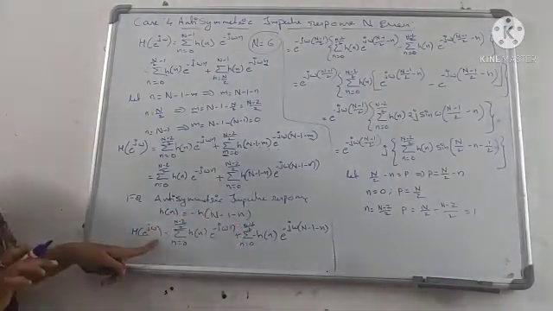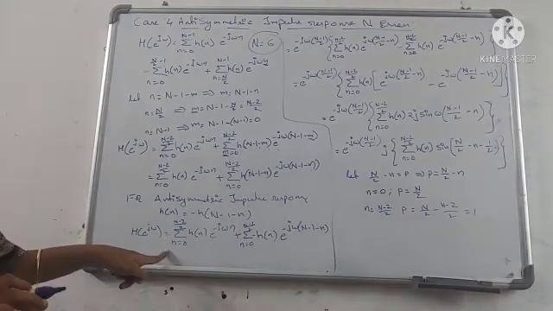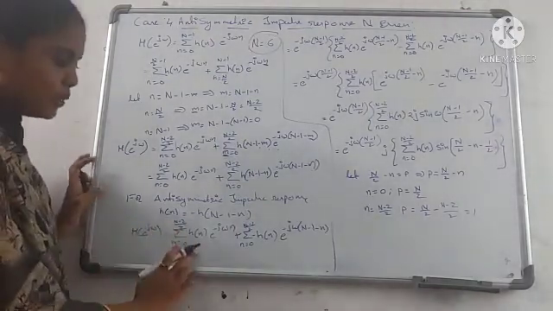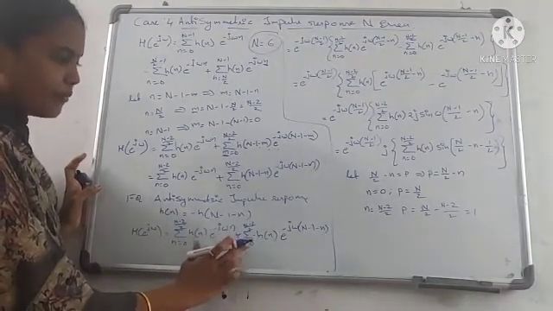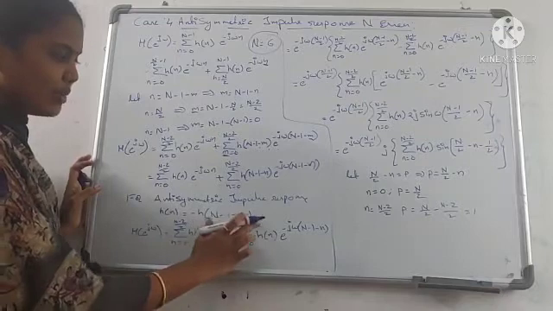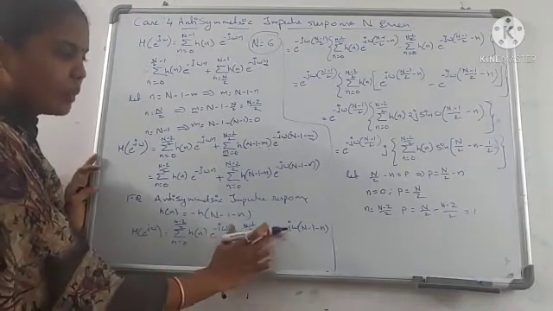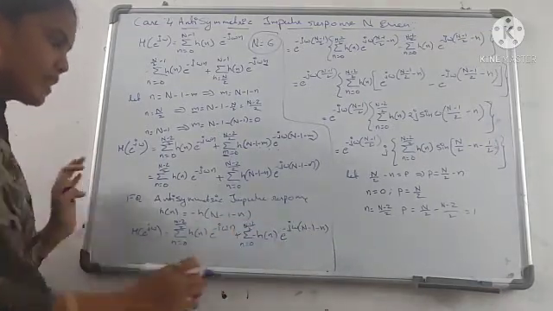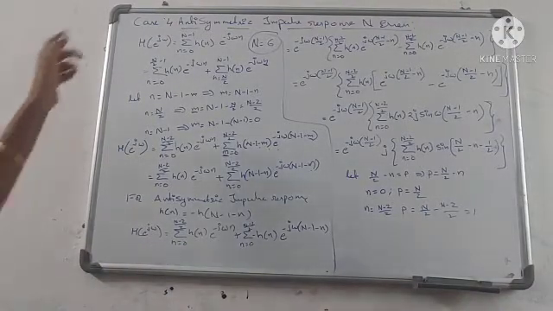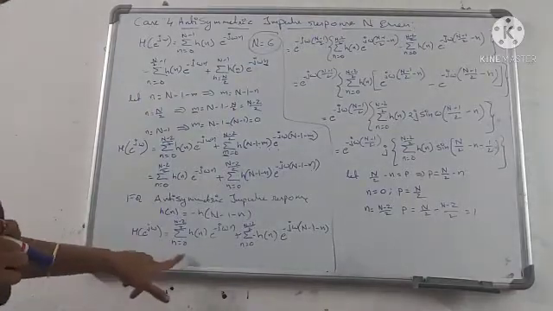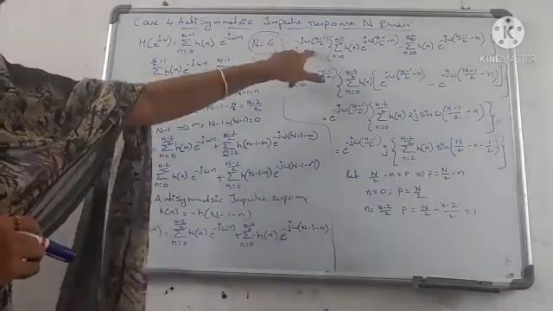So H(e^jω) is equal to summation n equal to 0 to (N minus 2)/2 of h(n) e^(−jωn) plus summation n equal to 0 to (N minus 2)/2 of h(N minus 1 minus n) e^(−jω(N minus 1 minus n)).